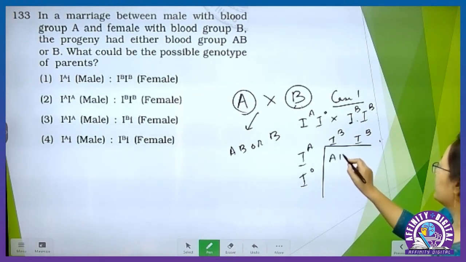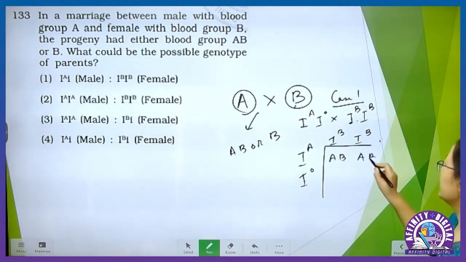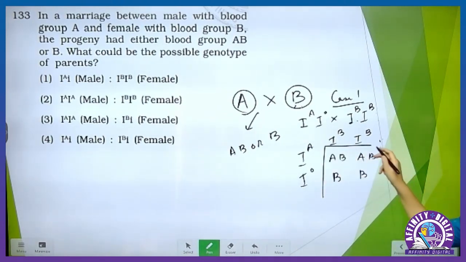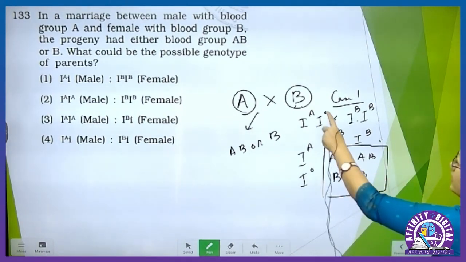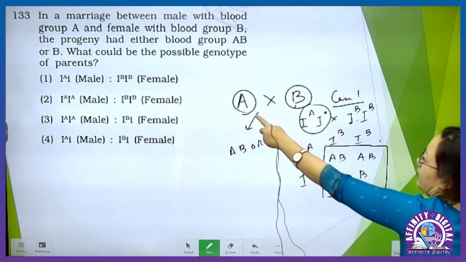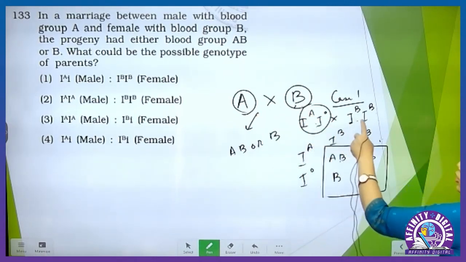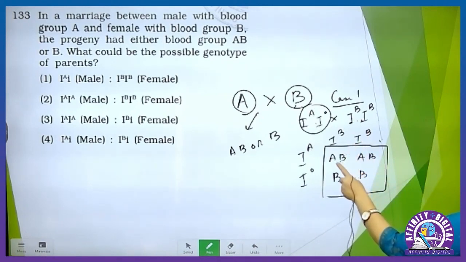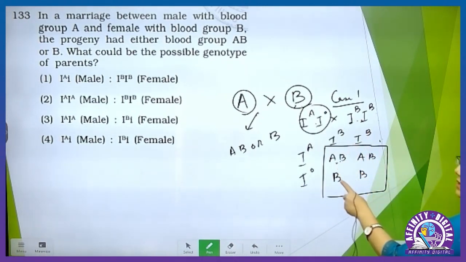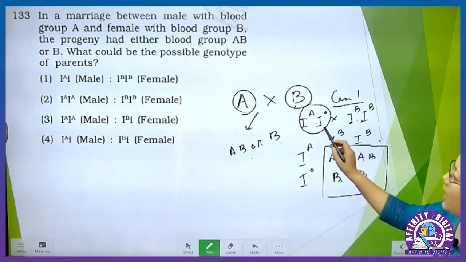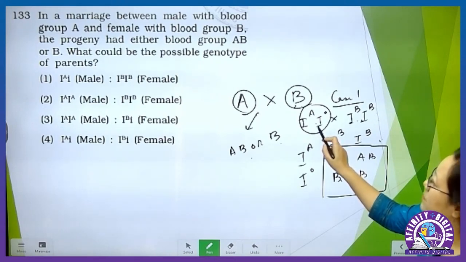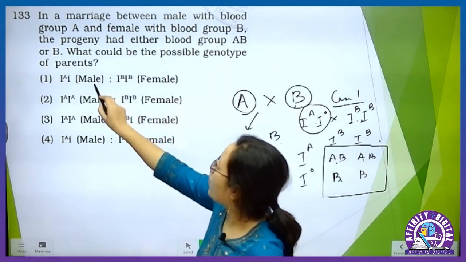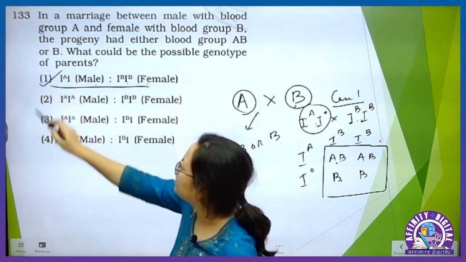So this will be AB, this will also be AB, this will be B, and this will be B. So here you see, when I make blood group A heterozygous and blood group B homozygous, at that time the offspring is AB or B. So the answer will be IAIO male and IB female.